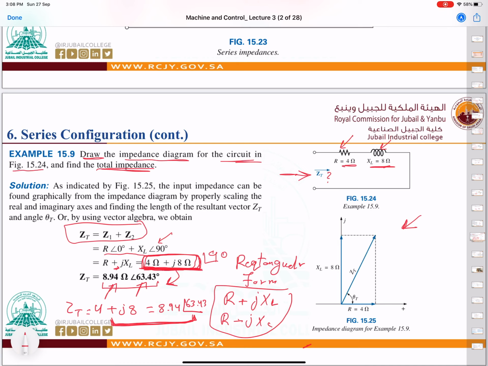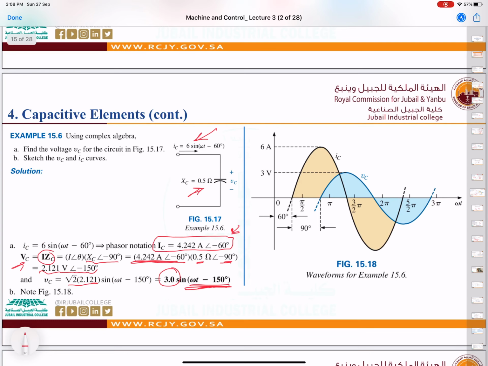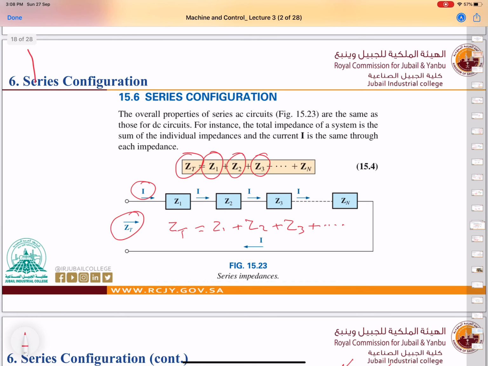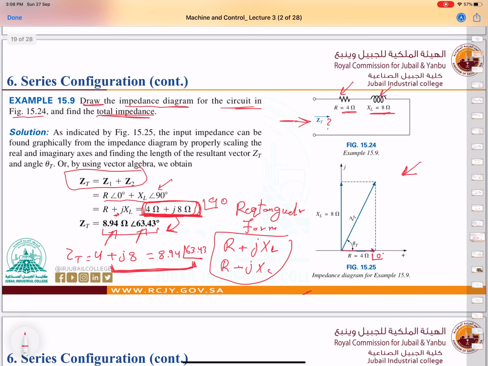Okay. Now, how to draw the impedance diagram. This is the resistor. Okay, we know that the angle is 0. And this is the XL, which is with angle 90.